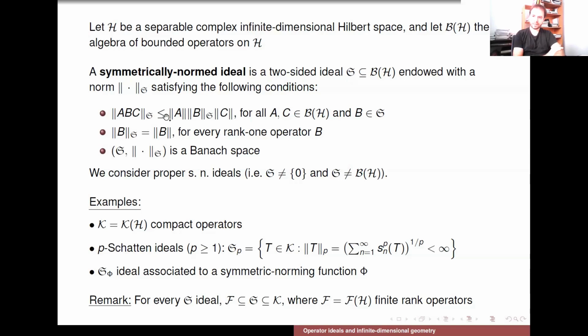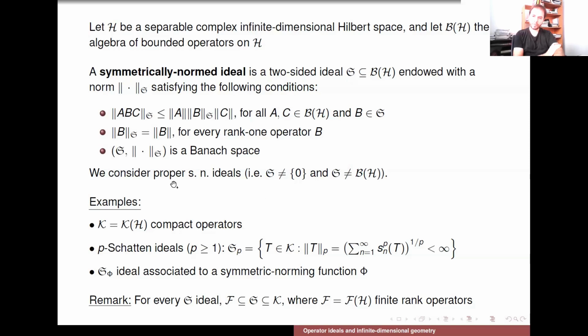First, this inequality between the ideal norm and the operator norm, where this is the uniform or usual operator norm. Then the second condition is a normalization condition. And the last condition is that with the ideal operator norm, the ideal is a Banach space.